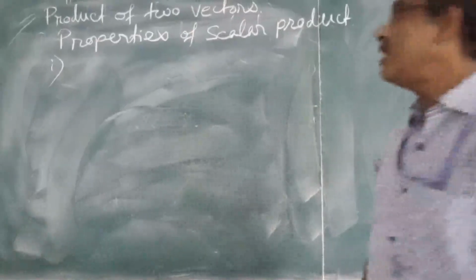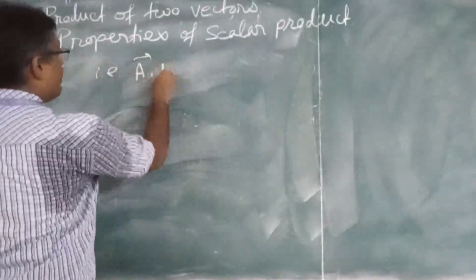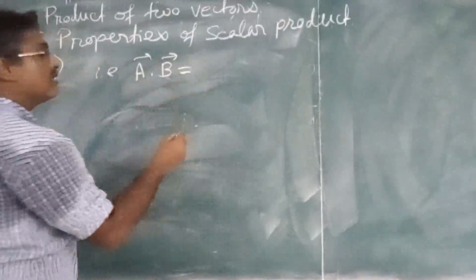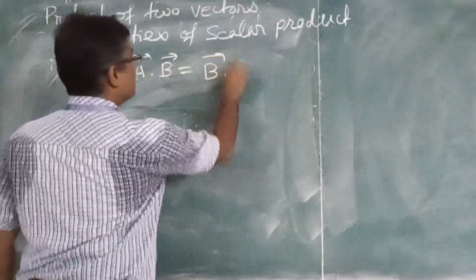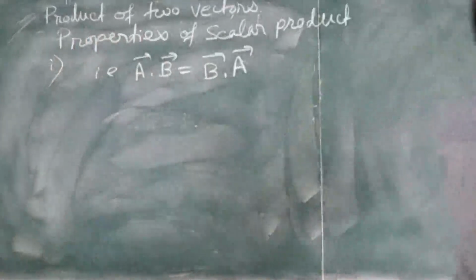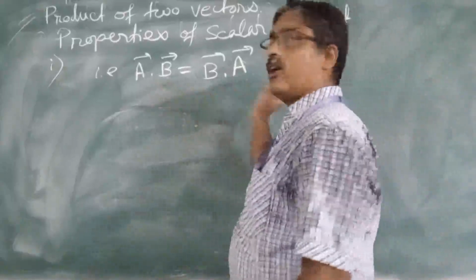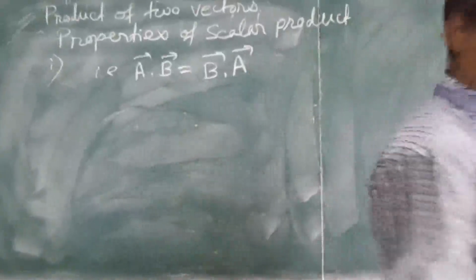What is the commutative law? A dot B equals B dot A. As it is not a vector quantity, we can write either A dot B or B dot A. Same thing.